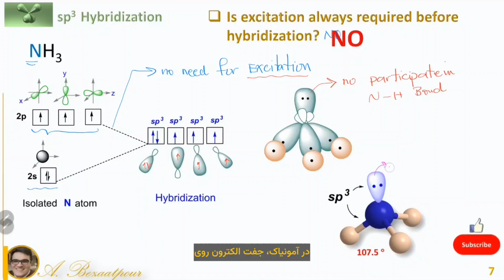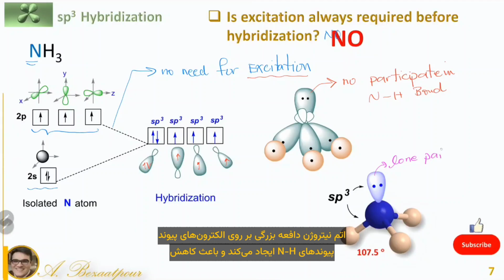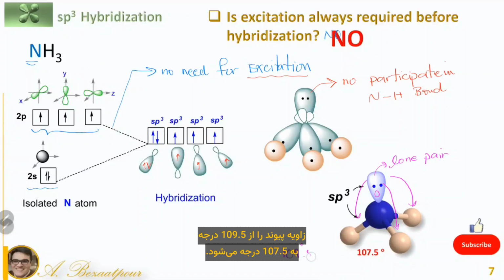In ammonia, the lone pair on the nitrogen atom creates a great repulsion on the bonding electrons of NH bonds and decreases the bond angle from 109.5 degrees to 107.5 degrees.